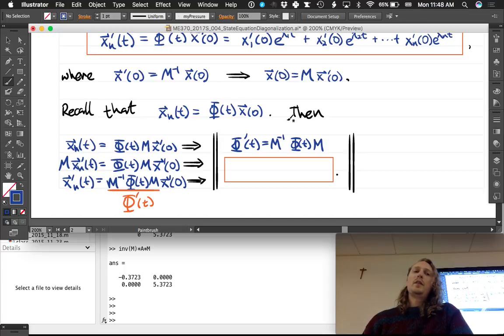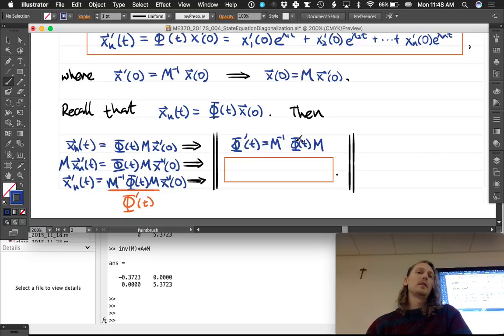And how did we come up with that expression? What this said is that phi prime is equal to, so you could write this as an equation, which is what I did, phi prime is equal to m inverse phi m, which is exactly what we did here.